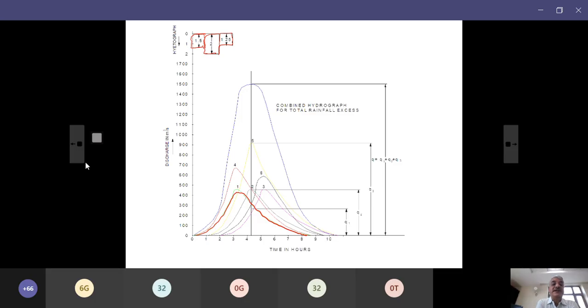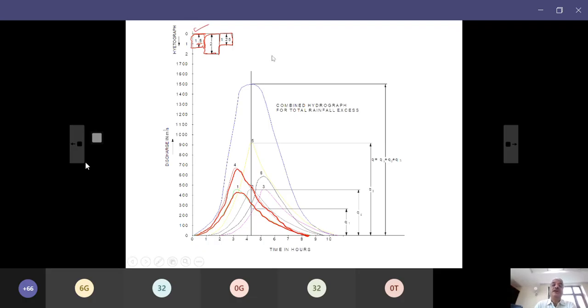And I am interested in finding out the combined response. So first I will plot this one. Then for the first rainfall, which is 1.5, using the principle of linearity, I will multiply it by 1.5 and we will plot this 4. This 4 is the response for this.